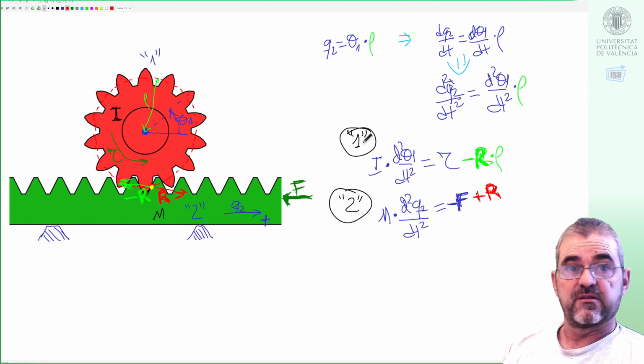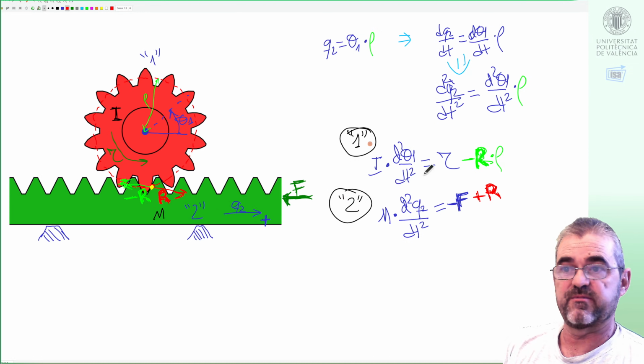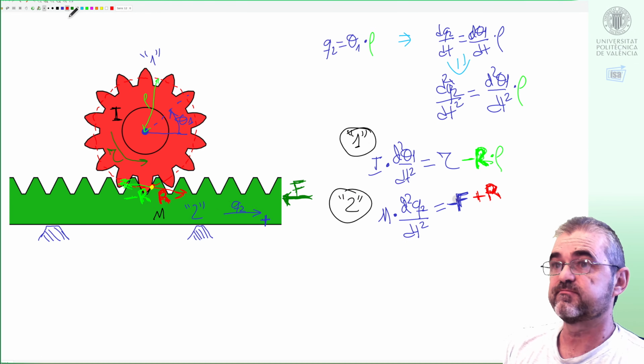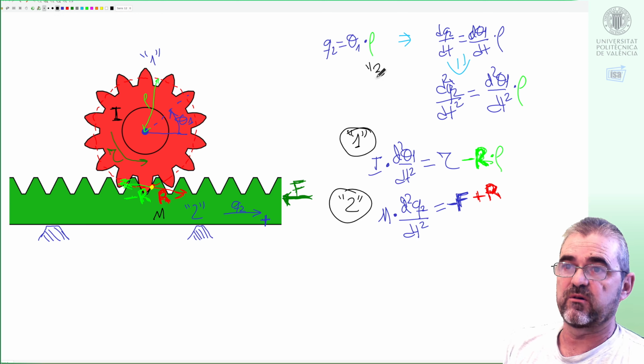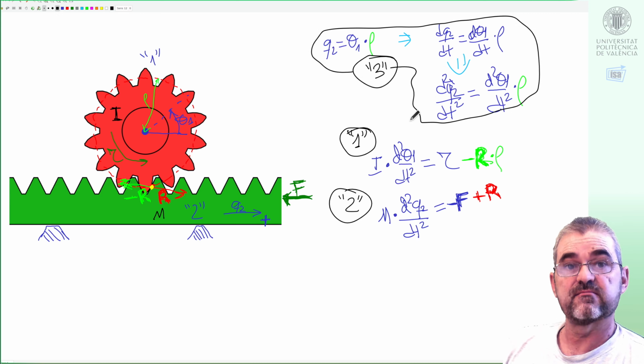So good. The thing is that we already have all the mechanical equations we need. This will be equation 1, this will be equation 2, and I will call any of the three versions of the same stuff equation 3. Why is the model complete?